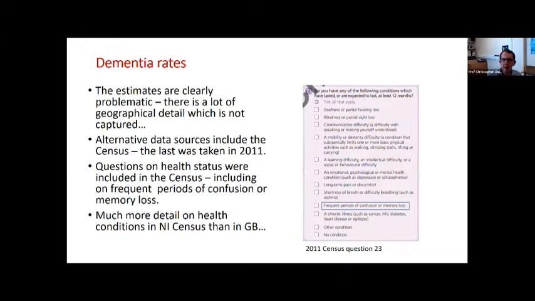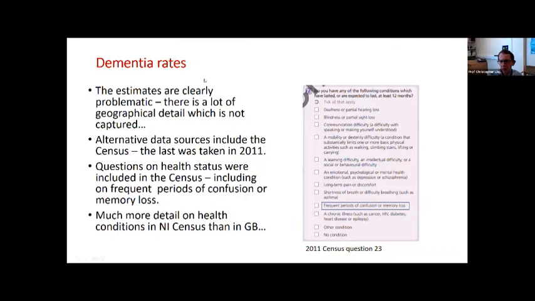And in most of the UK, up until 2001, all you would get in relation to that question is whether or not you had a limiting long-term illness which restricted your ability to lead a normal day-to-day life a lot or a little. Basically, that's what you would get. But in Northern Ireland from 2011, that was expanded to include particular types of health conditions which might limit your day-to-day life in some way.